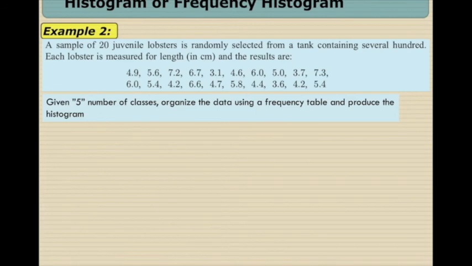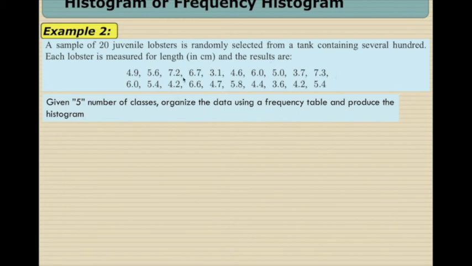Right. Moving on to the last example. Here the question says a sample of 20 juvenile lobsters is randomly selected from a tank containing several hundred. Each lobster is measured for length in centimeters, and the results are given below.